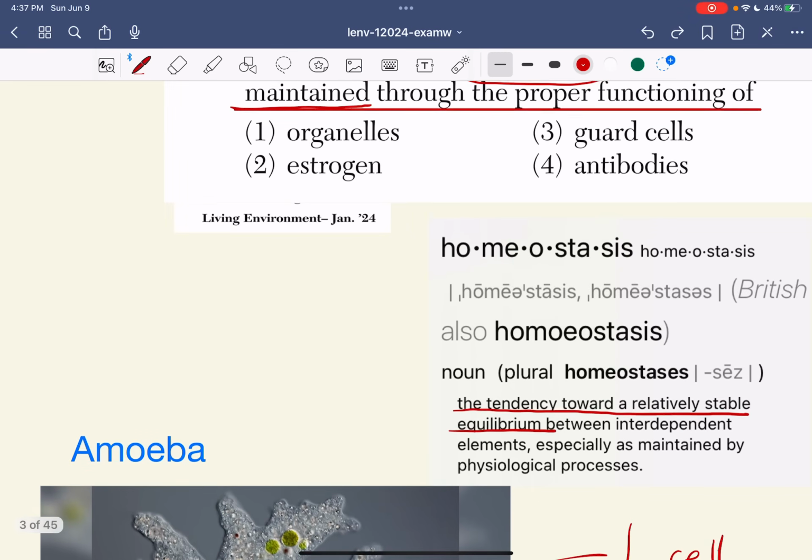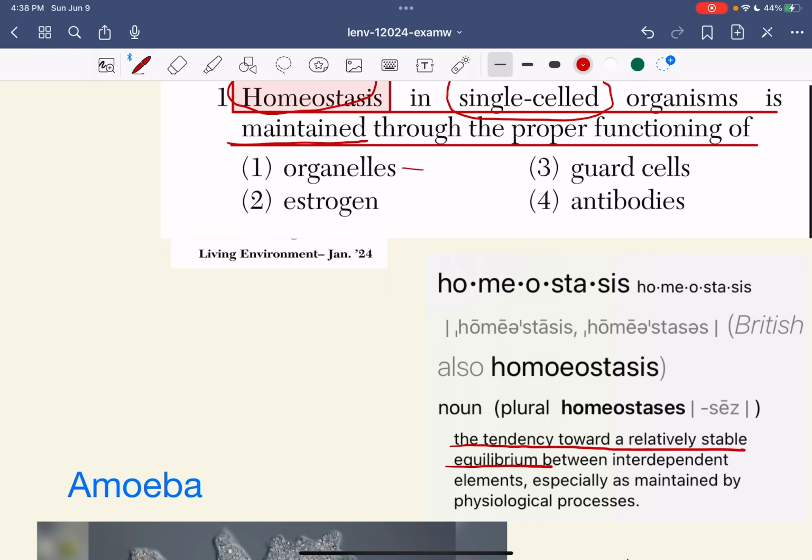Well, let's see what the choices are. Organelles, estrogen, guard cells, antibodies. Antibodies are proteins that help you fight disease. Guard cells are special cells on a plant leaf for the exchange of gases. Estrogen is a hormone found in females, and organelles will be your correct answer. Why organelles?